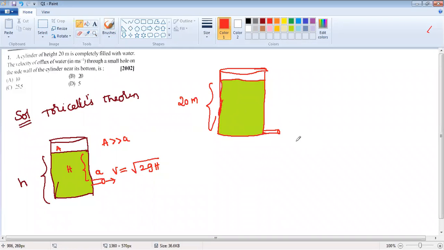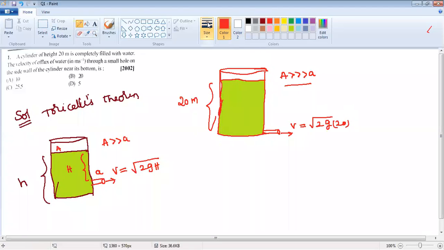Now what is the speed of the efflux from this? Here he was not mentioning the areas. Let us take that A is very much greater than small a, where A is the area of the open surface and small a is the area of the orifice. Now V is equal to root over 2 into g into 20.